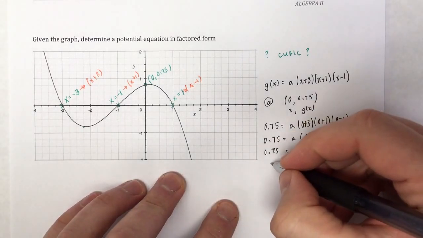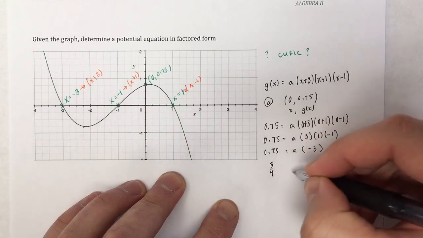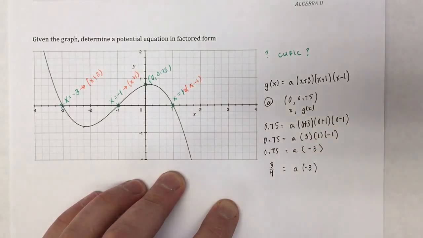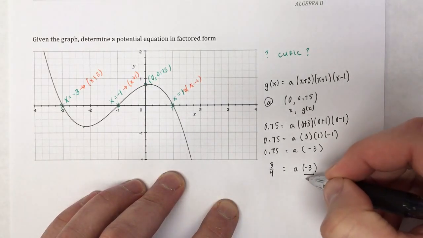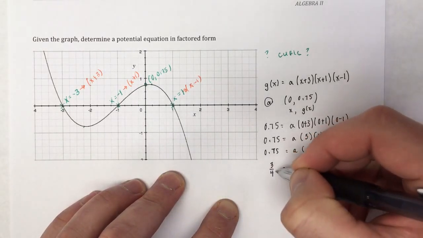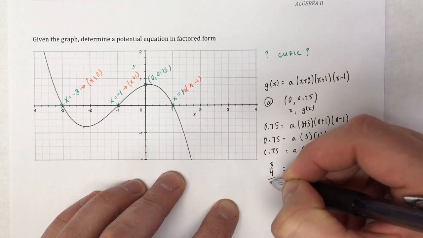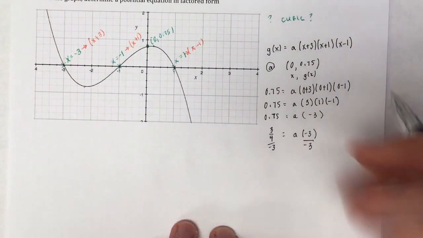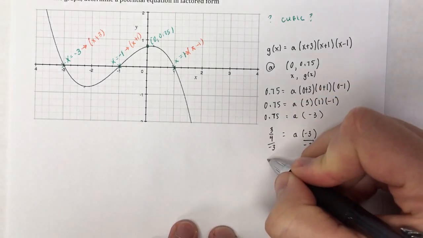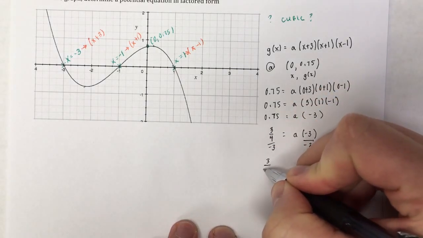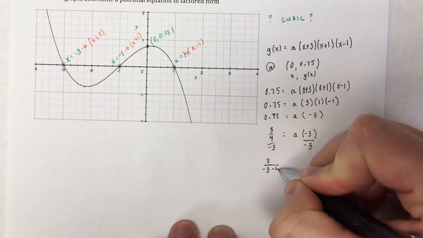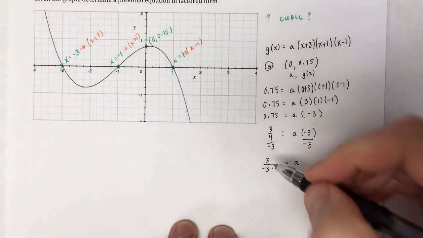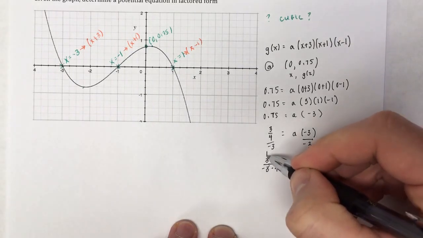You could also think about turning this into a fraction of 3/4. I'm going to show you how that's done because that's probably the least likely way that you'll do this. But what I'll do is divide by negative 3 and divide this by negative 3. Now we have rules about fractions, but essentially this is like saying 3 divided by negative 3 times 4, which 3 divided by 3 is just a 1.